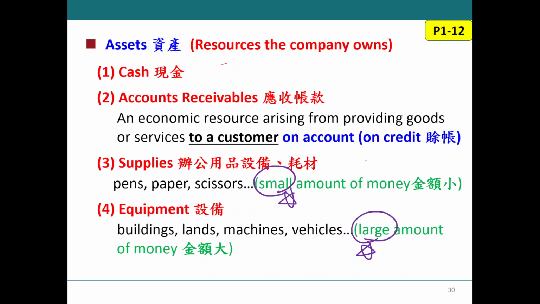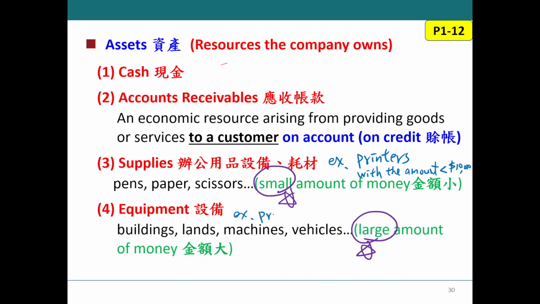So for example, printers with the amount below, lower than $10,000, this is supplies.